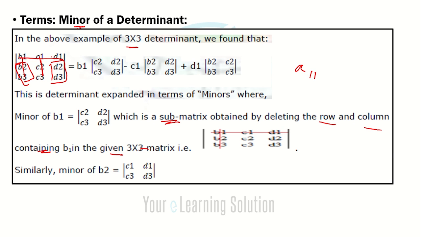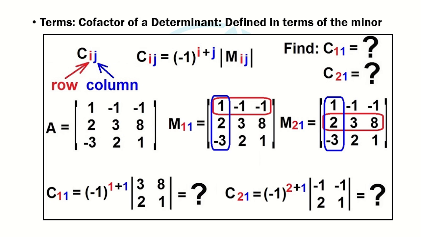Okay, so the next term that we come to is cofactor. The cofactor of a determinant is defined in terms of the minor itself. So a cofactor is essentially the minor plus a sign attached to it. Like I had mentioned earlier also, if the sum of i plus j is an odd number, then you would have a negative sign associated with the minor, and therefore the cofactor would be the negative of the minor.